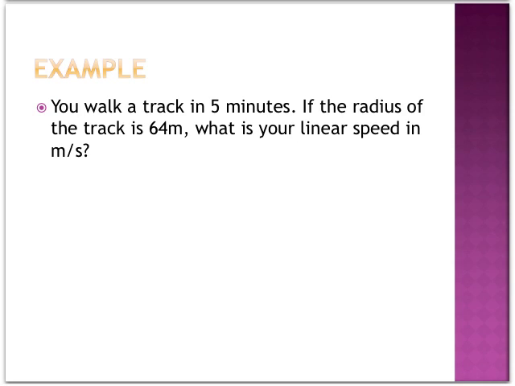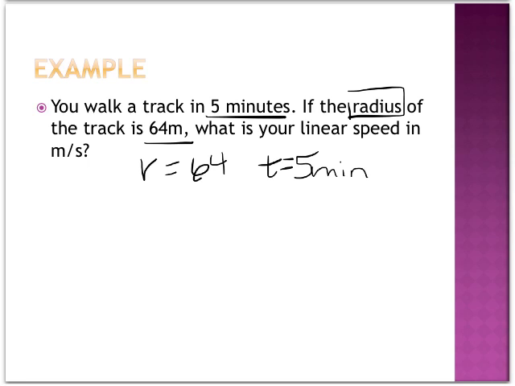So, an example of this: you walk a track in 5 minutes. If the radius of your track is 64 meters, what is your linear speed in meters per second? So we've got a time of 5 minutes, and 64 meters, but remember that's our radius. So we know r equals 64, and t equals 5 minutes, which in seconds, since we need to find it in meters per second, is 5 times 60, which is 300 seconds.